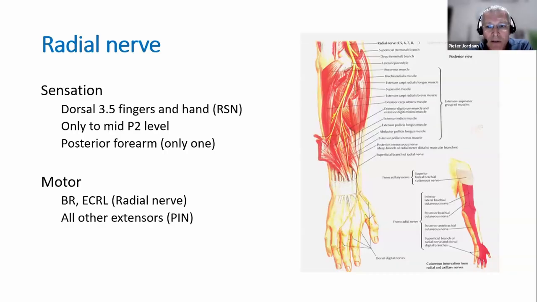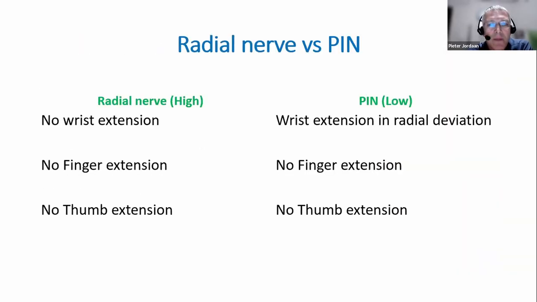All the other extensors are the posterior interosseous nerve. So when you've got an injury, this is how we differentiate between a high and a low radial nerve injury. A high injury has got no wrist extension, no finger extension, and no thumb extension. But a posterior interosseous nerve injury is a low injury, and here you will have wrist extension, but in radial deviation, but you'll have no finger and no thumb extension.